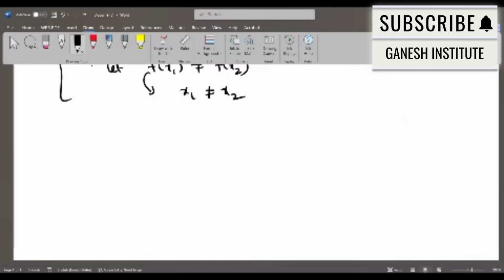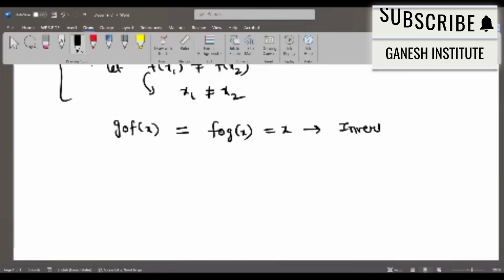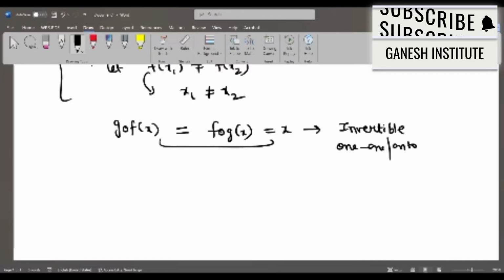I also want to tell you one more thing. If you have g of f of x and f of g of x, and if these give you the same value x, then that means the function is invertible, and invertible means one-one and onto. So this is also one way of saying this. What you do, you find out f of g.